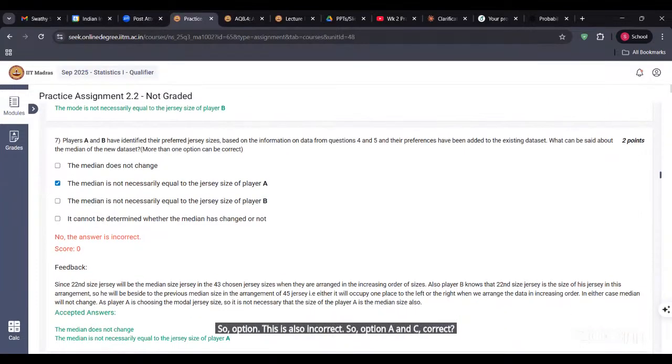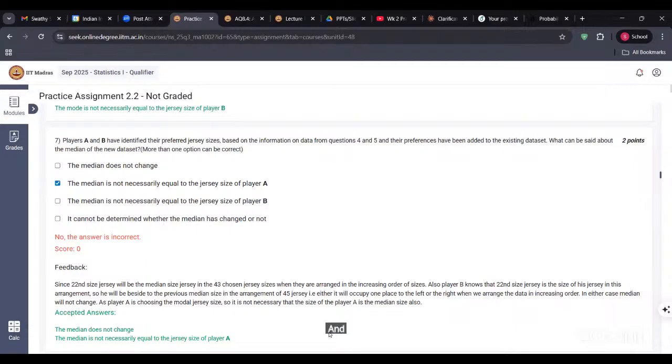Ma'am, can you explain why the median doesn't change in different cases? Just a second. The median does not change. The second is incorrect because A has the mode number, right?